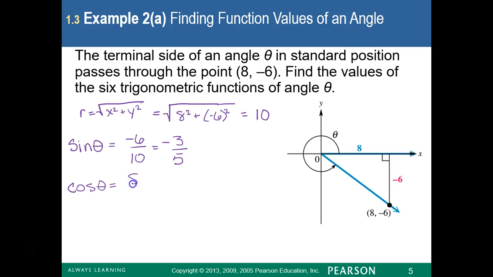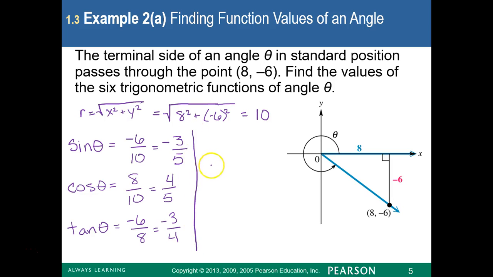So put in 8 over 10, then that reduces to 4 over 5. And then tangent of theta is equal to y over x. So place negative 6 over 8 and reduce that fraction. Get negative 3/4. Now, let's find the other three.